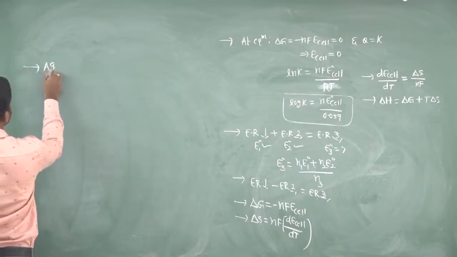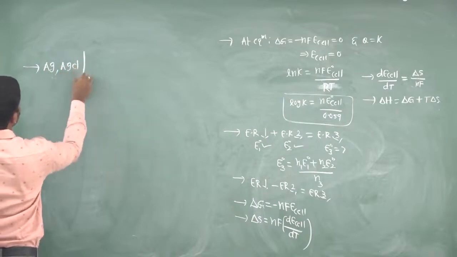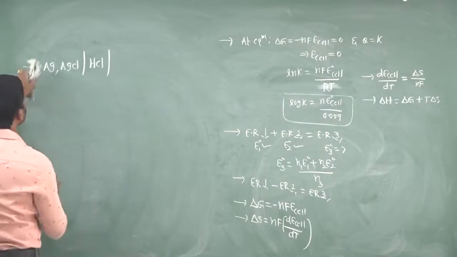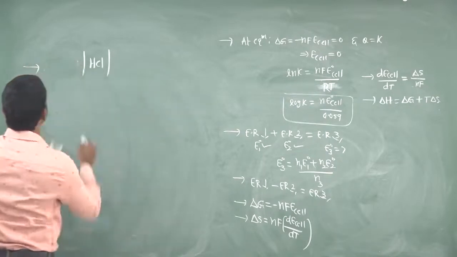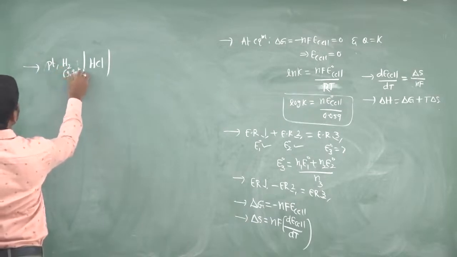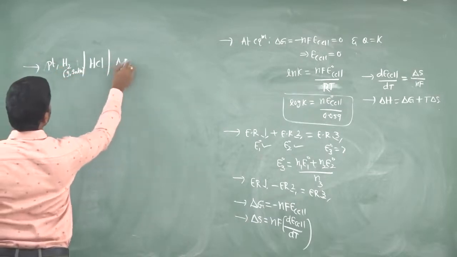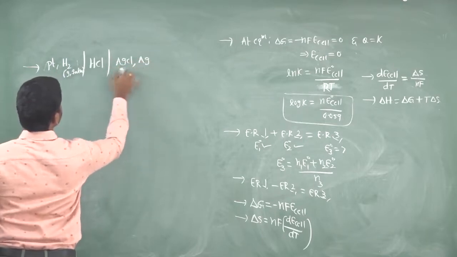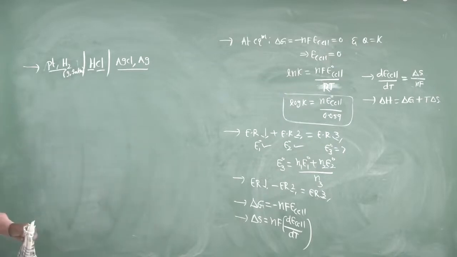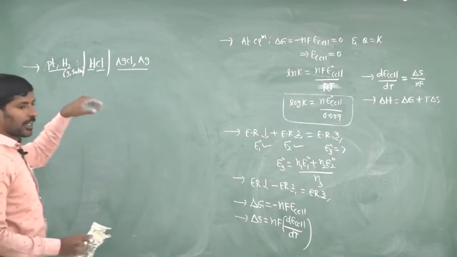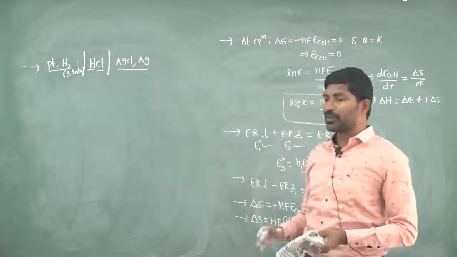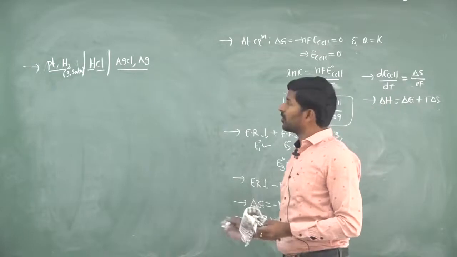Another example we discussed: platinum, H2 gas at 1 atmosphere, HCl, silver chloride, silver. Silver chloride is reversible to anions, the hydrogen electrode is reversible to cations. HCl is a common electrolyte. If you have a common electrolyte, even though we are not using a salt bridge, it is without transference.